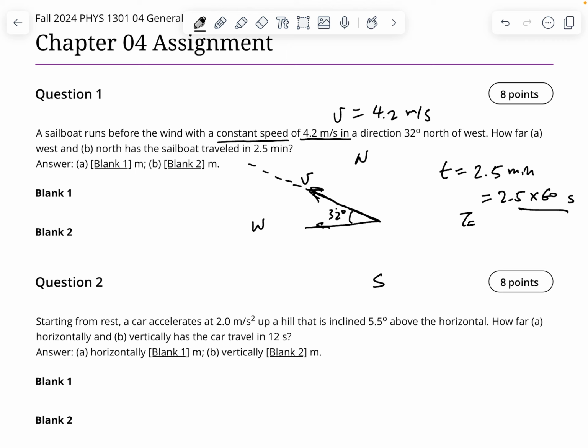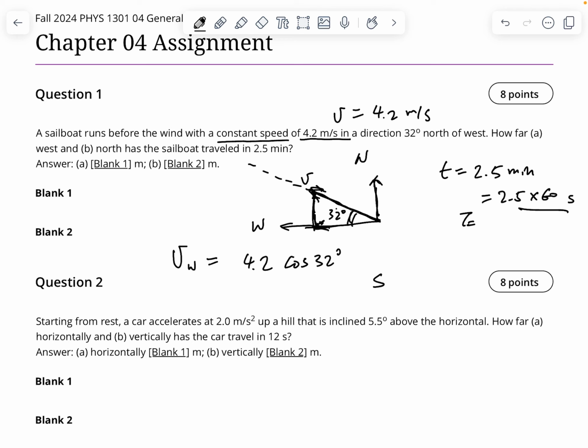West and north. So what you do here is break down this velocity into two directions: the velocity in the west direction and the velocity in the north direction. So v west equals 4.2 cosine 32.